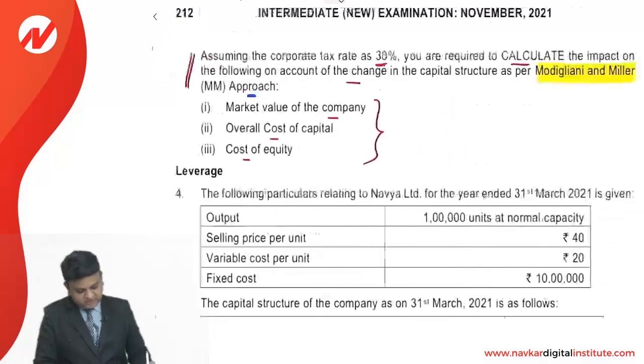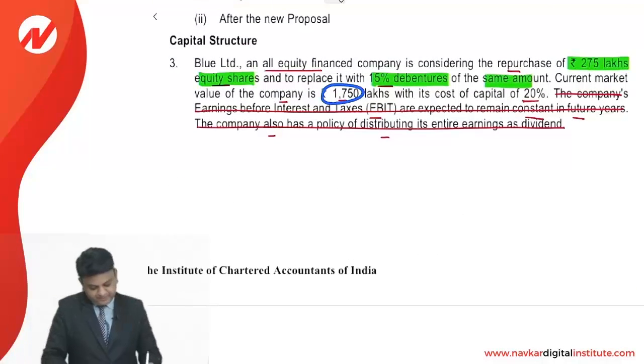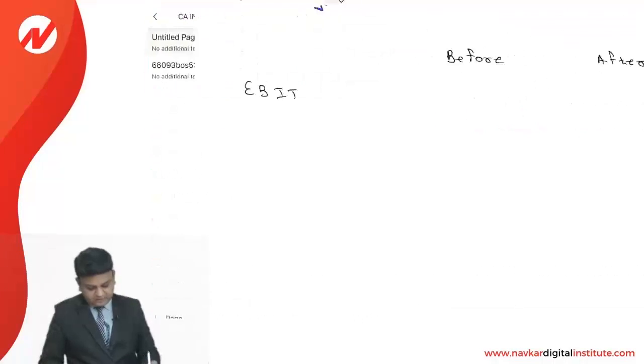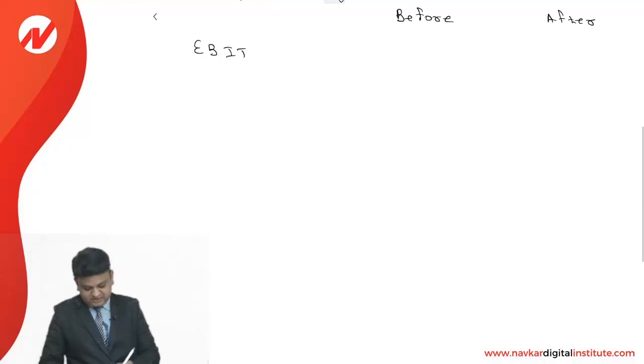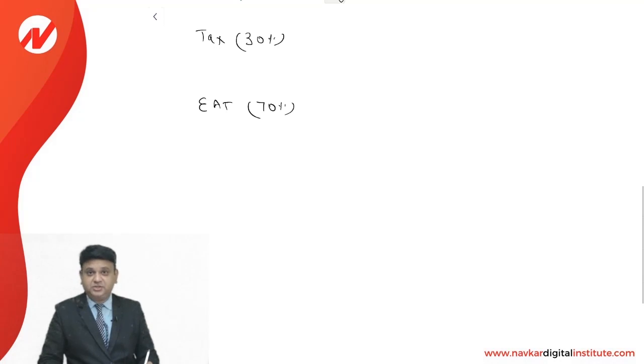Dear students, it has been provided to us that right now the operating income of the company is an amount of... Okay, we are required to do backward working. So EBIT minus interest is earning before taxes, minus income tax liability 30%. Earning after taxes is 70%.